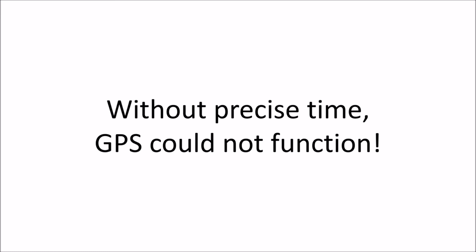The clock in your receiver or your phone or your car or whatever is accurate, but it's not an atomic clock. So it must constantly be corrected and synchronized with the satellites. That's not an easy thing to do. We can't just set our receiver's clock to match the satellite's clock because it takes a finite amount of time for the satellite signal to travel to us.